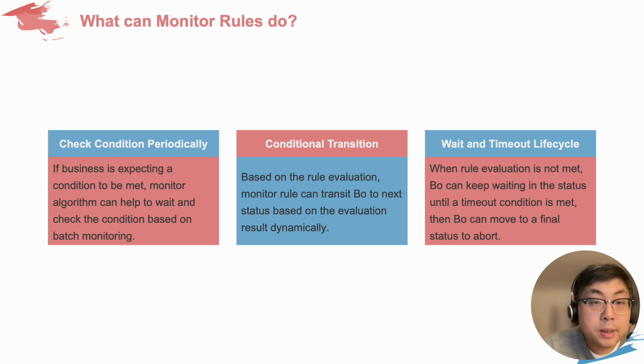And next one is the wait and timeout lifecycle. Very often we have a requirement to wait for a particular evaluation to happen. Let's say we are waiting for another process to happen, but what happens if it never happens? A lot of the cases you would define a timeout condition. You say, for example, for 2 days after entering this particular state, nothing has happened.